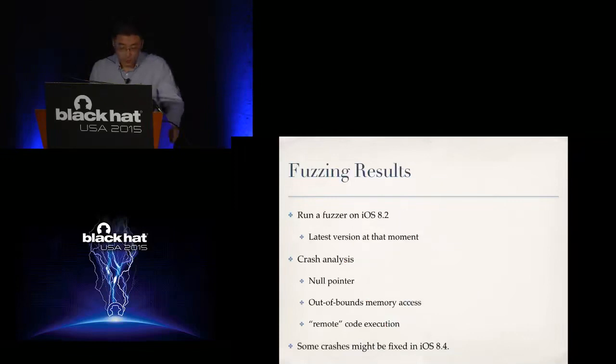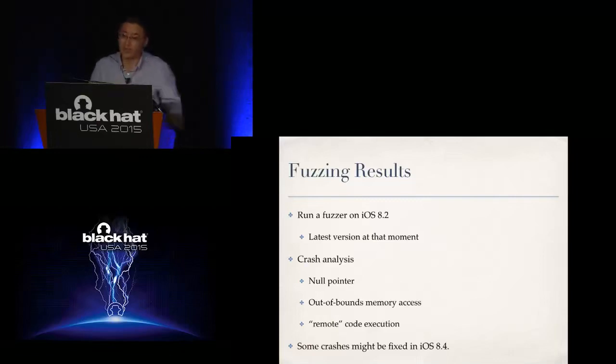So we ran the fuzzer on iOS 8.2, which was the latest version at that moment. And surprisingly, we found a lot of crashes, even though the fuzzer is very dumb. Some of the crashes I will show you might be fixed in iOS 8.4, but we are not sure.